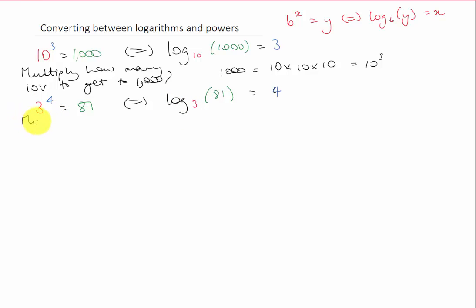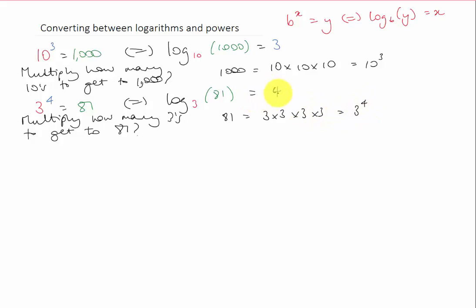So that's the same as saying multiply how many 3's to get to 81. And the answer is that 81 is equal to 3 times 3 times 3 times 3, 9, 27, 81. That's 3 to the power 4. So that's where this 4 comes from. We have to multiply 3 by itself 4 times to get to 81.